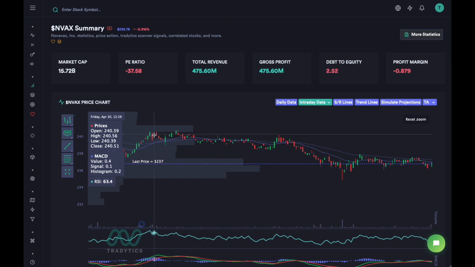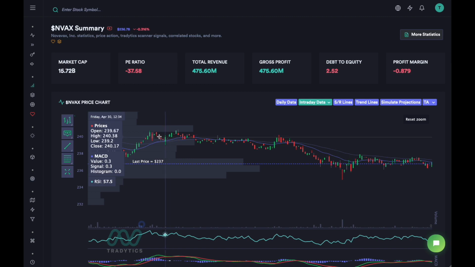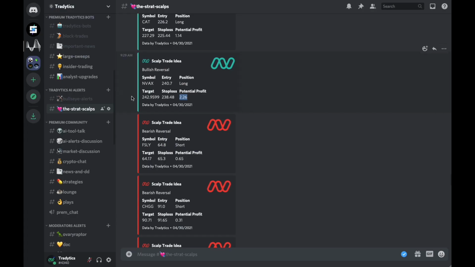So the expectation is that whenever the price reaches 240.7, we are going to enter. Here the price opened at 240.7, so that would have been our entry, and we are going to wait until the price either touches 238 or it reaches 242.